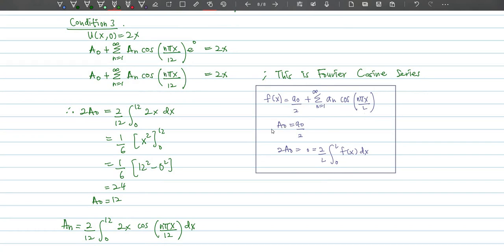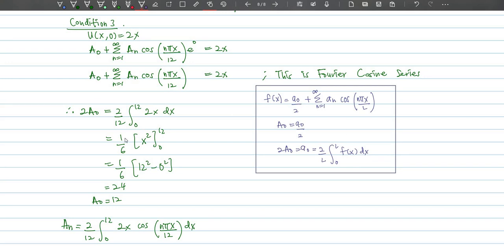And from here, as you can see, the capital letter A naught is at the place of small letter a naught over 2. Okay, here I've written it here. So, therefore, 2A naught is equal to small letter a naught, which is 2 over L, integrate from 0 to L, f(x) with respect to x.